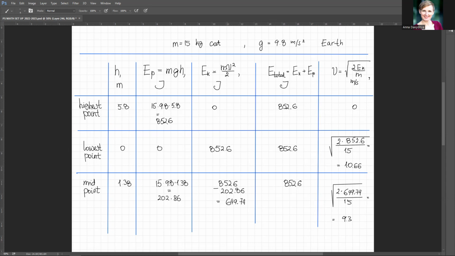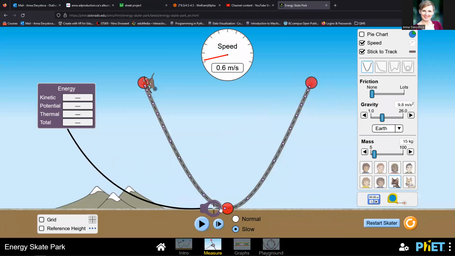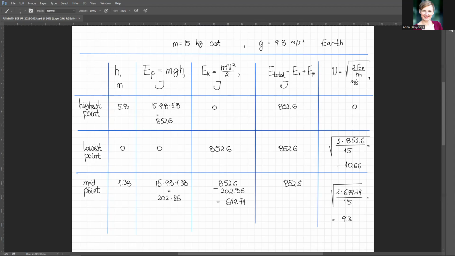The formula for kinetic energy is mv squared divided by 2. So from there, v is the square root of this expression, 2 E kinetic divided by mass. So 2 times 852 divided by 15 is equal to 10.66 meters per second, which is very close to this 10.71. This measuring tool helps me to confirm that my calculations are accurate.